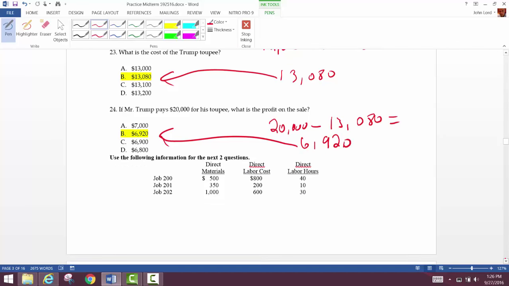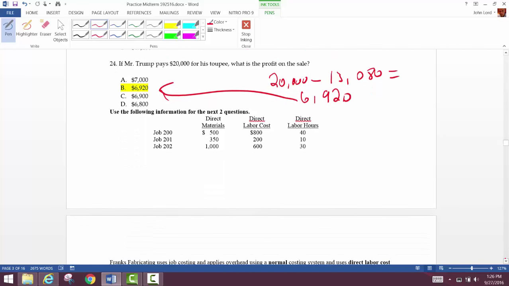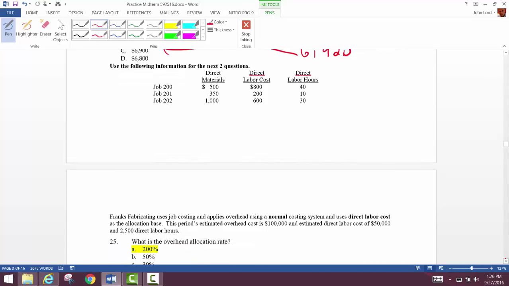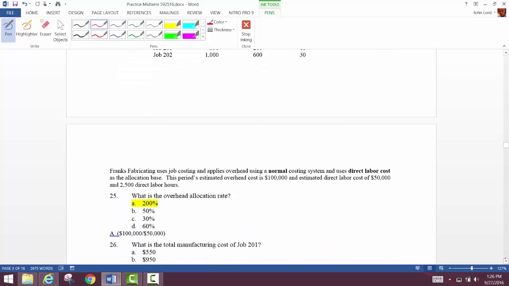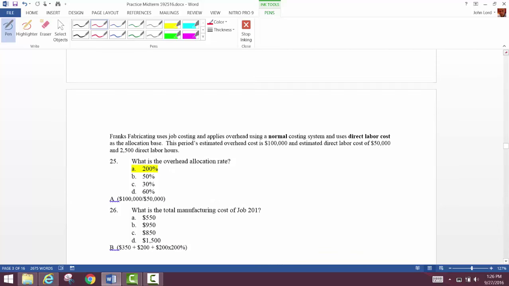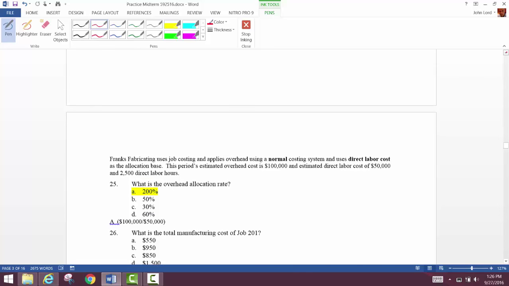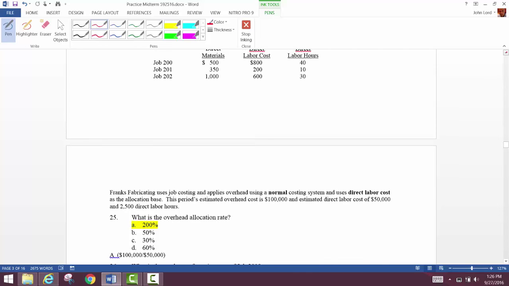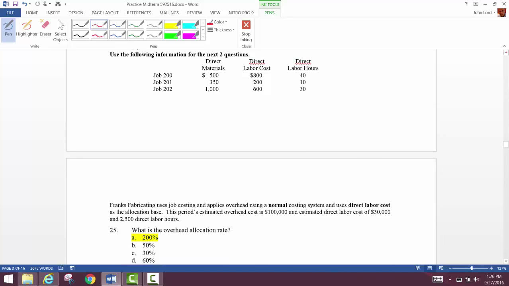Use the following information for the next two questions. Okay, so we've got this overhead allocation rate being asked for, and we're told that we do it based on what?